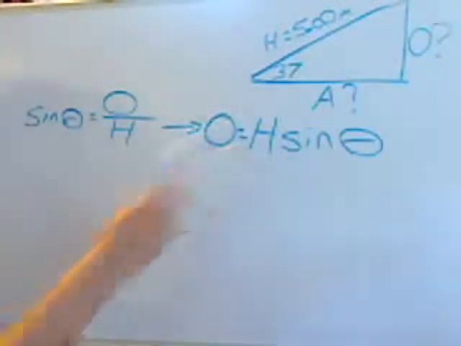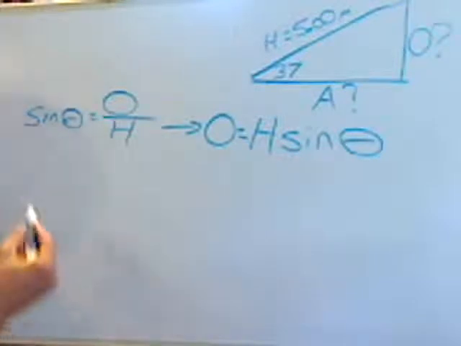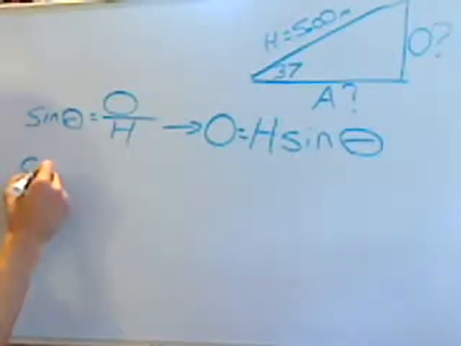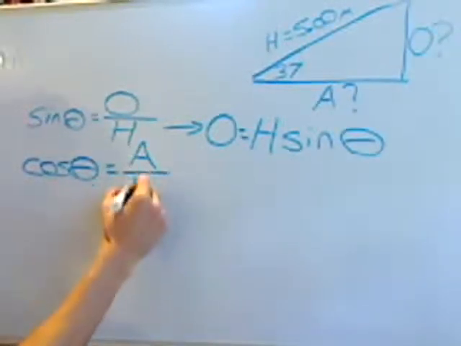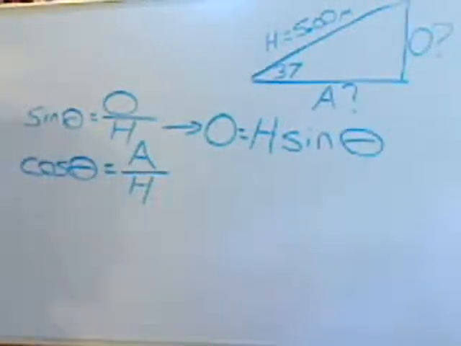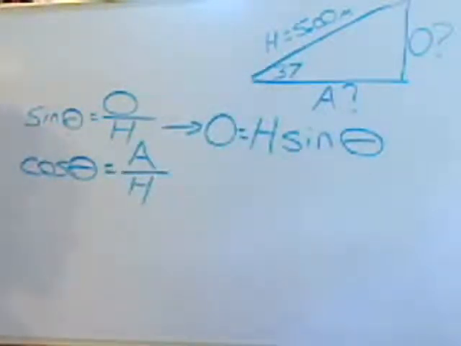Now, what about A? Well, if you go back to your list of trigonometric functions, the best equation to deal with the adjacent side is the cosine. Okay? Cosine of theta is the adjacent side divided by the hypotenuse.